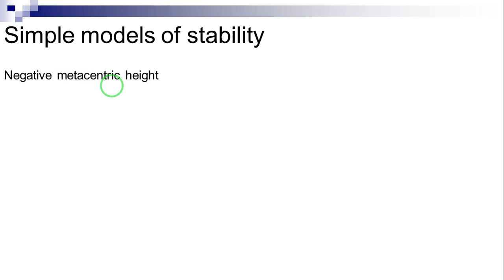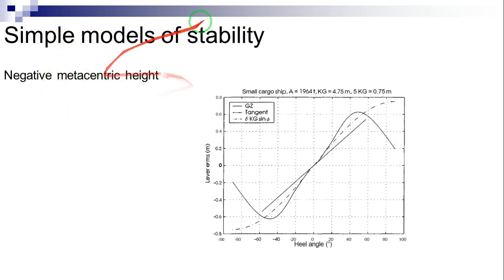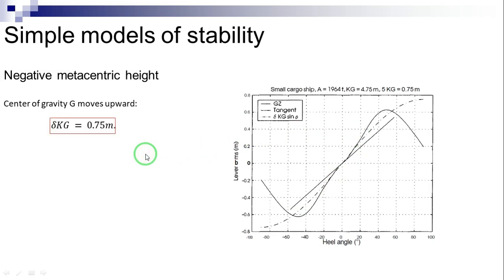An example is shown here in this figure, where the GZ curve is based on the data of a small cargo ship built in 1958. The solid line here represents the righting arm curve in ballast departure condition. Let us assume that for some reason the center of gravity G moves upward a distance delta KG equals 0.75 meters.